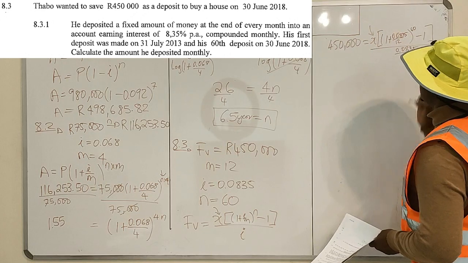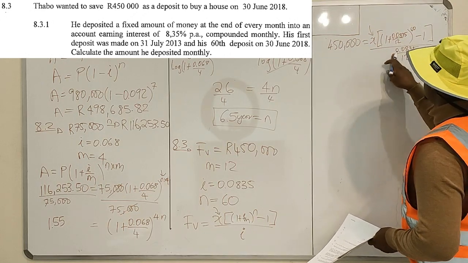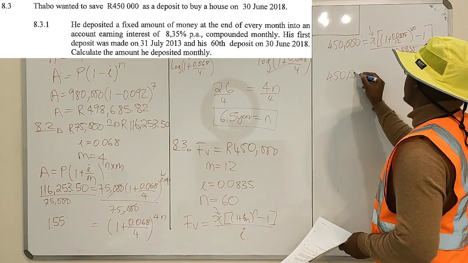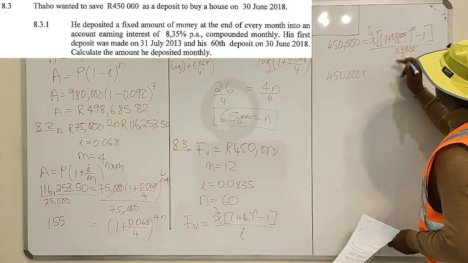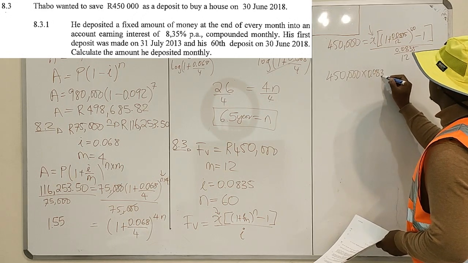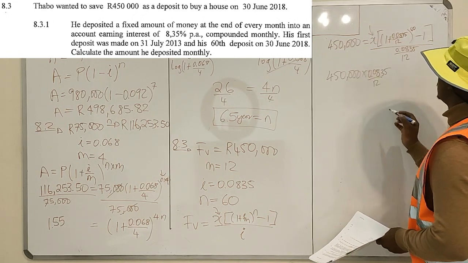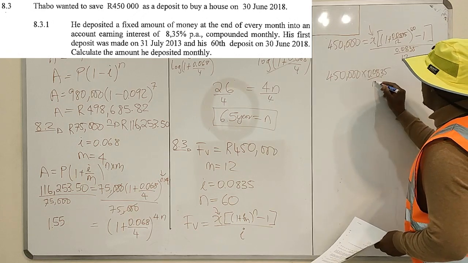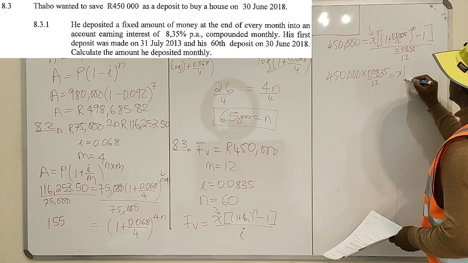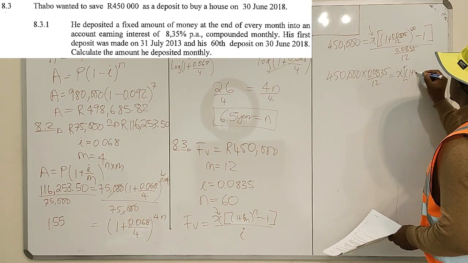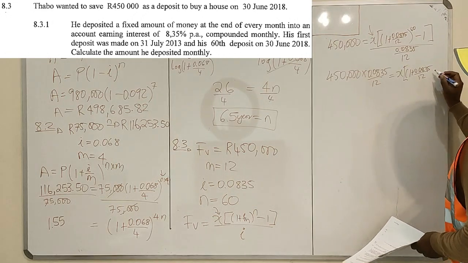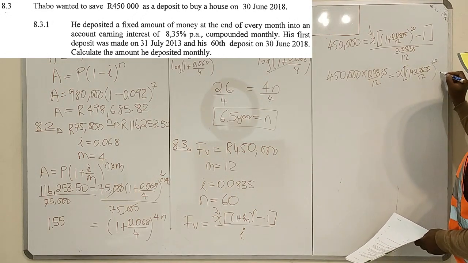So you are solving for x. What do you do? Cross multiply this times that. So you have 450,000 times whatever this is, which is 0.0835 over 12, is equal to x into 1 plus 0.0835 over 12 raised to 60, minus 1.